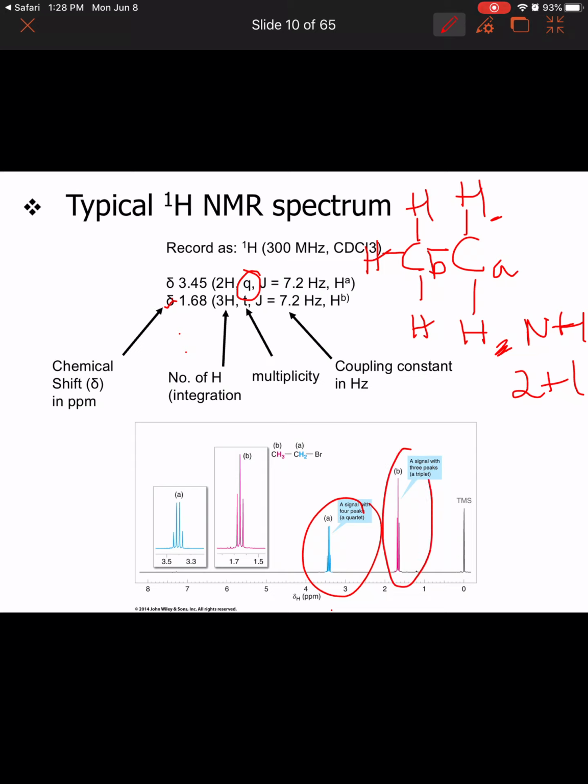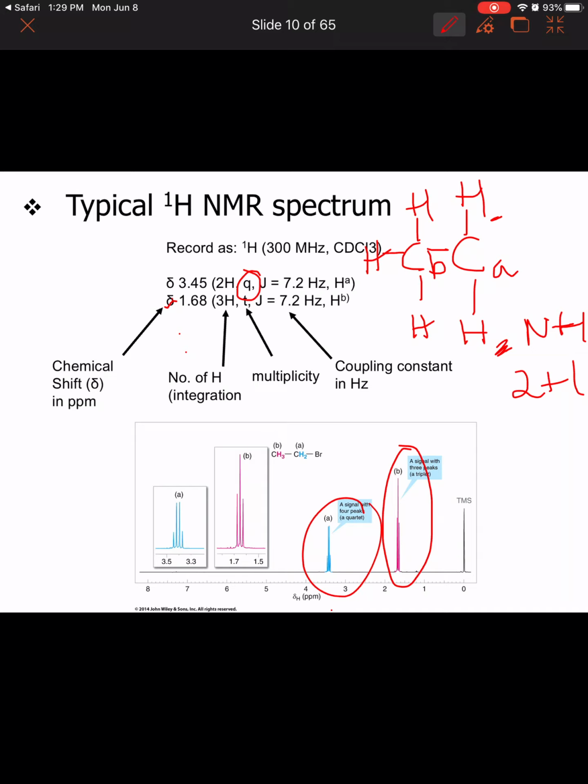So on carbon B there are 3 hydrogens, and it is a triplet due to the 2 hydrogens on carbon A. N is the number of hydrogens on A, plus 1. And then by looking at this information, in our molecule we have this CH3 CH2 part.